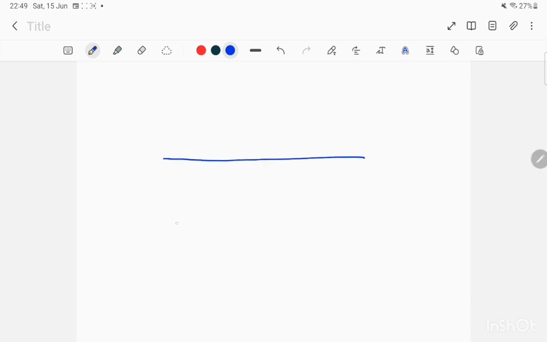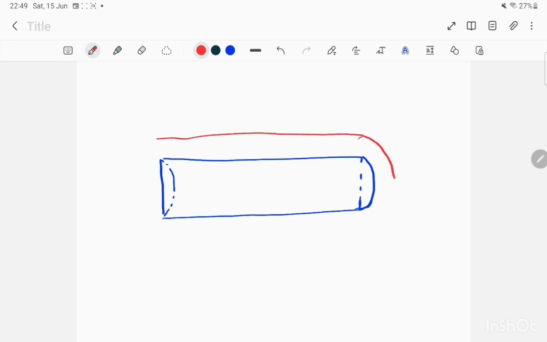Say this is the core. I am drawing only the half cross section. Say this is the cladding, outer jacket, and let us assume that this is the axis of the optical fiber, and the region inside the blue line is the core.